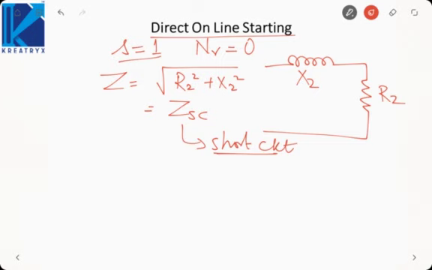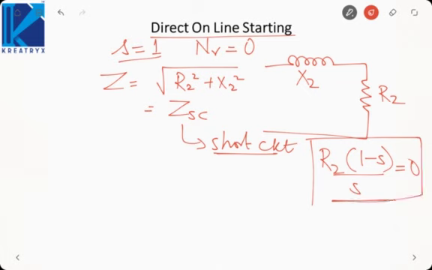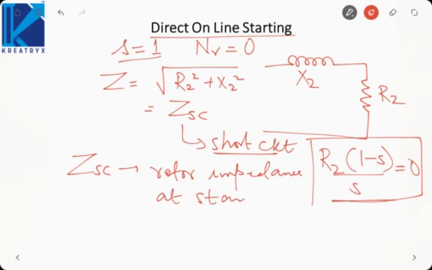Why am I calling it short circuit? Because the mechanical power resistance, that is R2 times (1 minus S) by S, becomes 0. So this resistance gets short circuited, hence it is called short circuit impedance. It is the impedance of the rotor circuit at standstill, that is when the motor is not rotating. So the impedance offered by the rotor circuit is ZSC, which will be constant, the square root of R2 squared plus X2 squared.